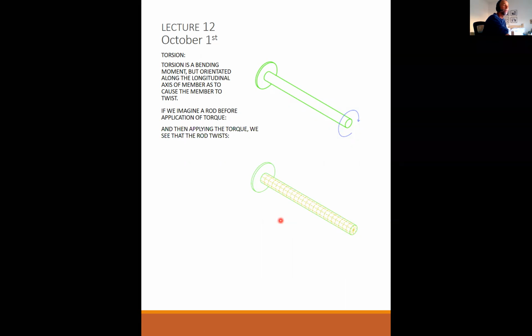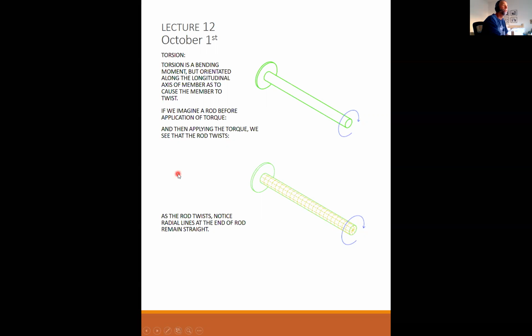That's undeformed and deformed. At the fixed end, clearly all the lines are exactly where they were. It doesn't move at all where it's fixed. It twists the very most out here at the free end. All of these longitudinal lines warp from zero twist to maximum twist at the end of the rod.